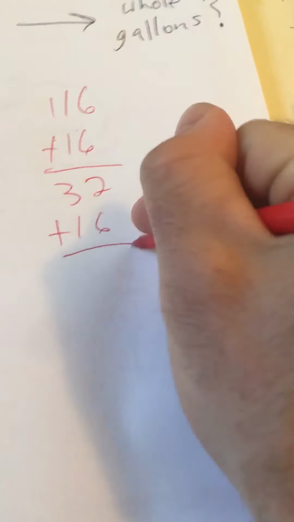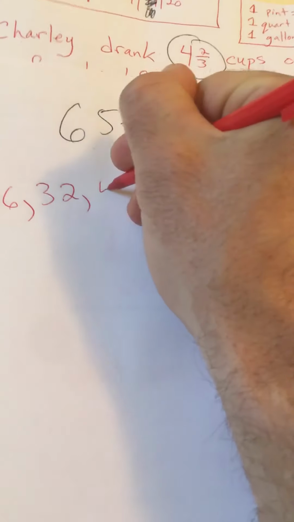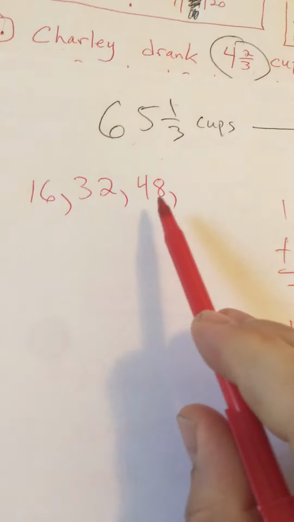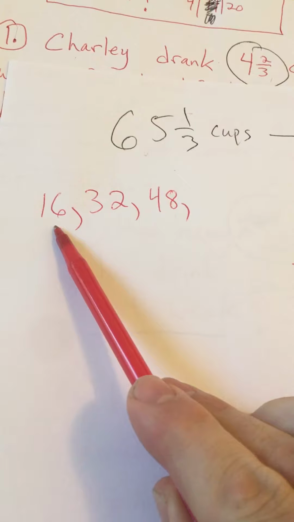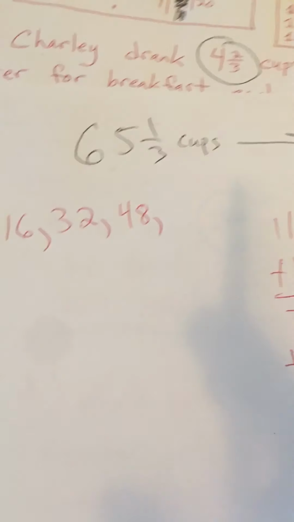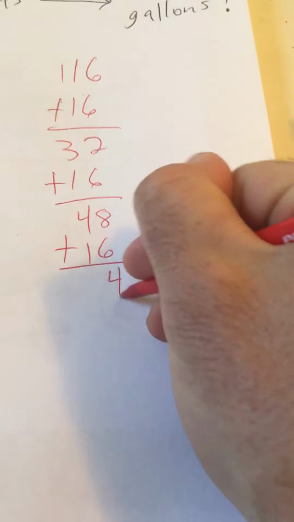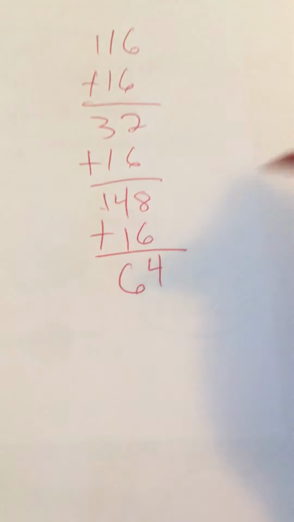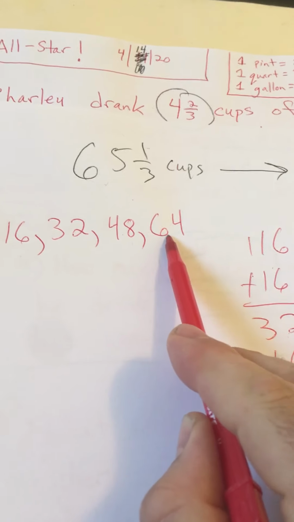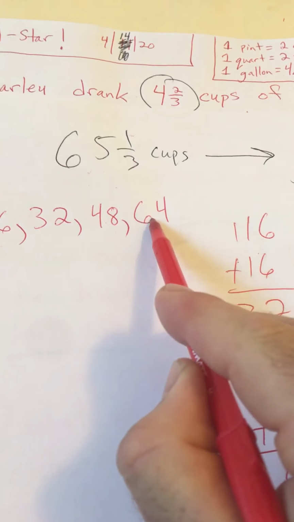Let's add 16 more. That makes 48, so that's 3 gallons. And let's add another 16 cups, which is 64. So we could make 4 gallons, but then we only have 1 1/3 cups left.